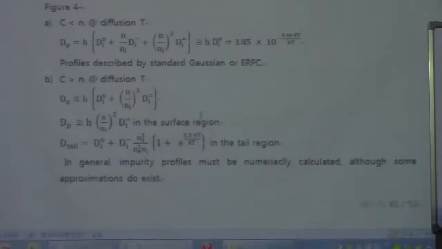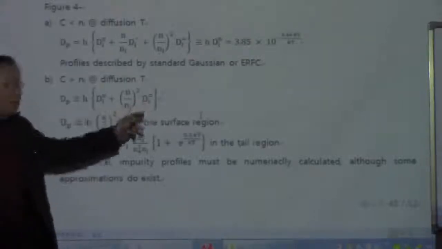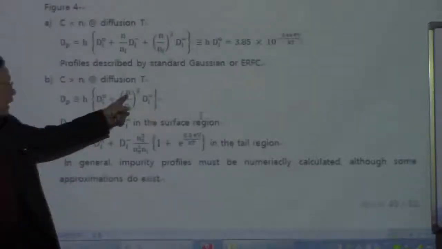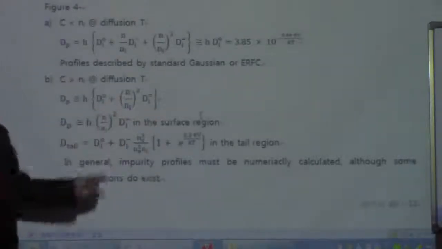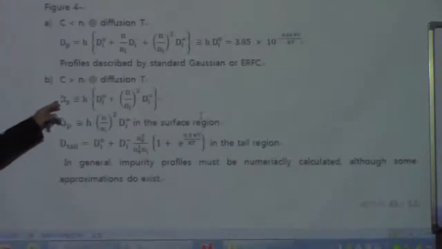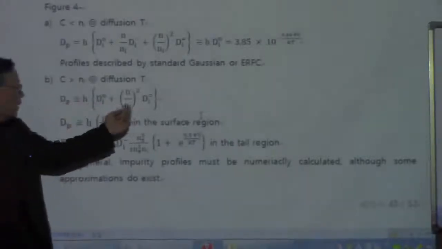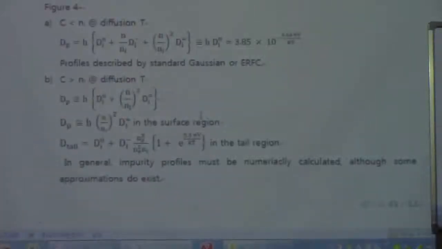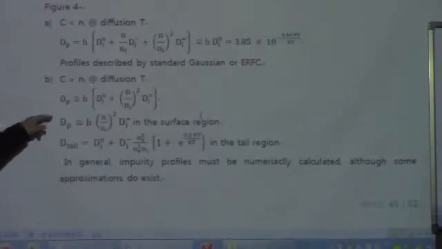But if you have a heavy concentration of the dopant, then the doubly negatively charged vacancies are more important because we have an n squared term in front of the V double minus. Right? So the equation can be approximated like this. We just omit the singly negatively charged vacancy coupling.